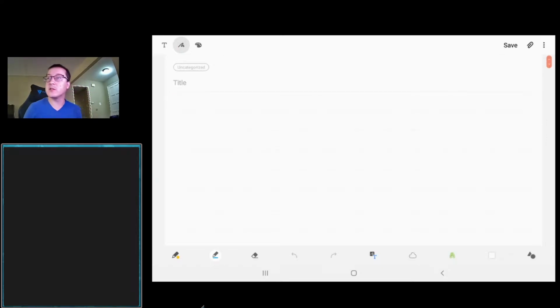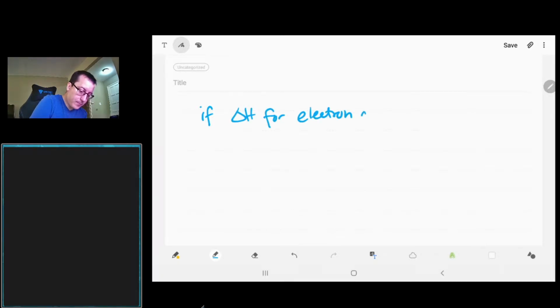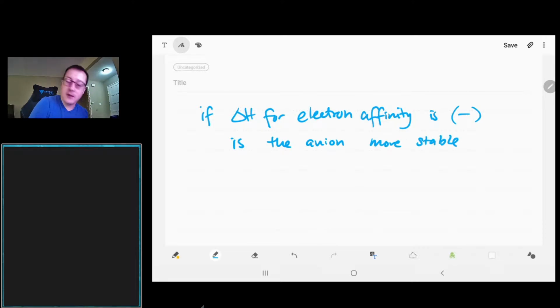So, the question is asking if electron affinity is negative, is the anion more stable than the neutral? Okay.